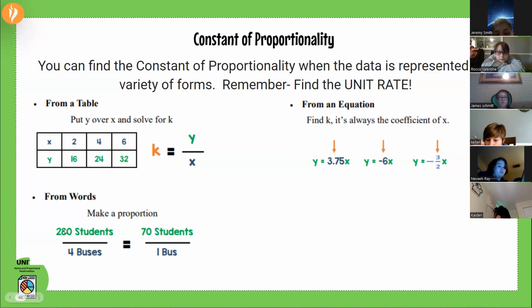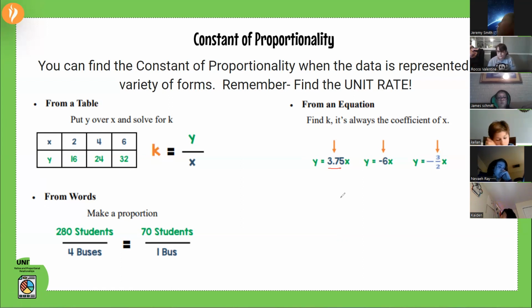If 280 students were on 4 buses and 70 students were on 1 bus, as long as you find the unit rate, if the denominator is 1, we know our constant of proportionality is 70 because 280 divided by 4 is 70. And anytime you have an equation where y equals a number times x, the coefficient of x is the constant of proportionality right there.